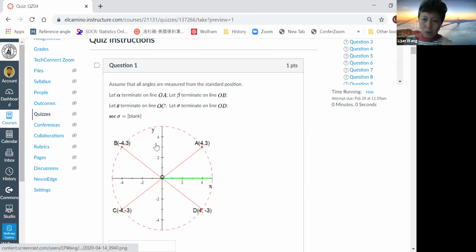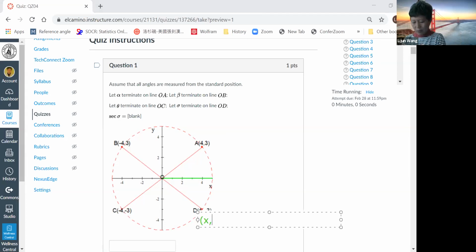A is the angle measurement, R is the reference angle, and the definition. So primarily you're using definition. For example, if I ask you for secant sigma, you need to find out what is the terminal of sigma. Sigma, of course, is the terminal on OD. This is OD. And now what you need to understand is that this first number is x, y.